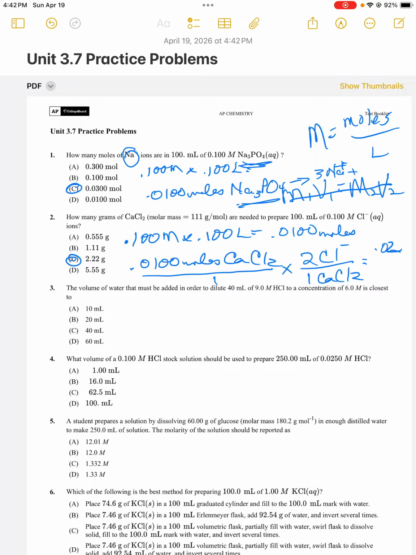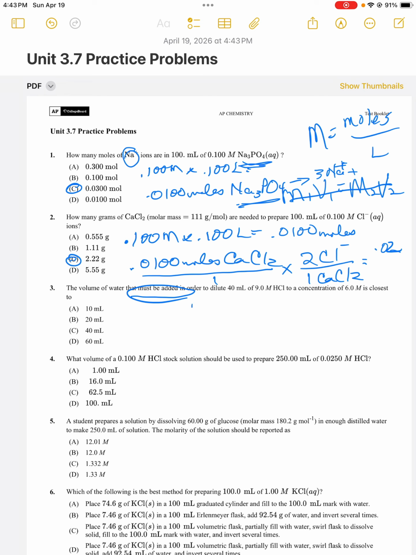What volume of water must be added in order to dilute 40 milliliters of 9 molar HCl to a concentration of 6 molar? How much water must be added? So they're never going to give you an easy M1V1. They're always going to make you think about what it is they're asking. So M1V1 equals M2V2.